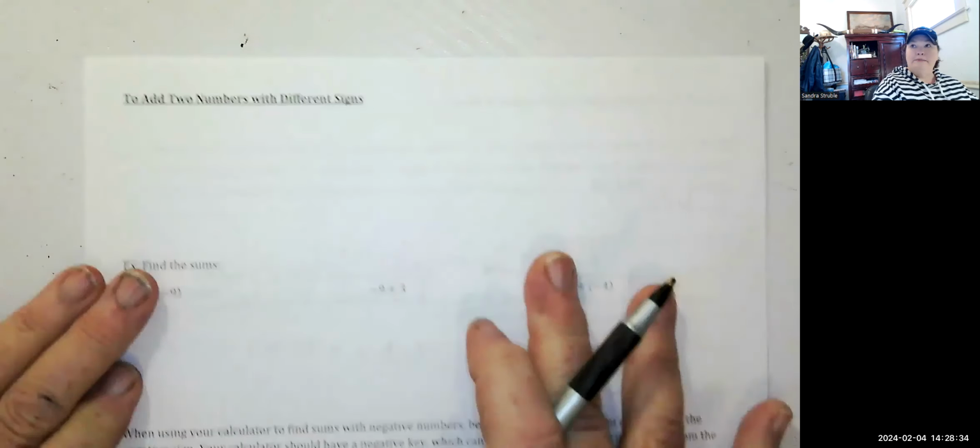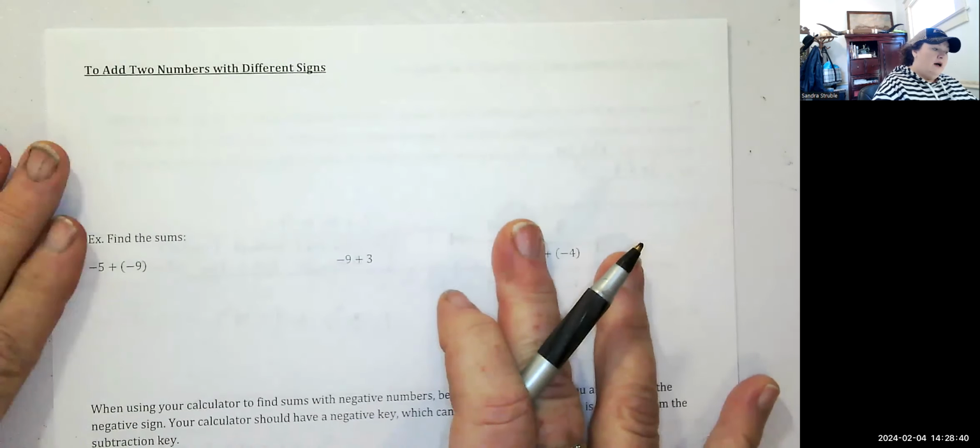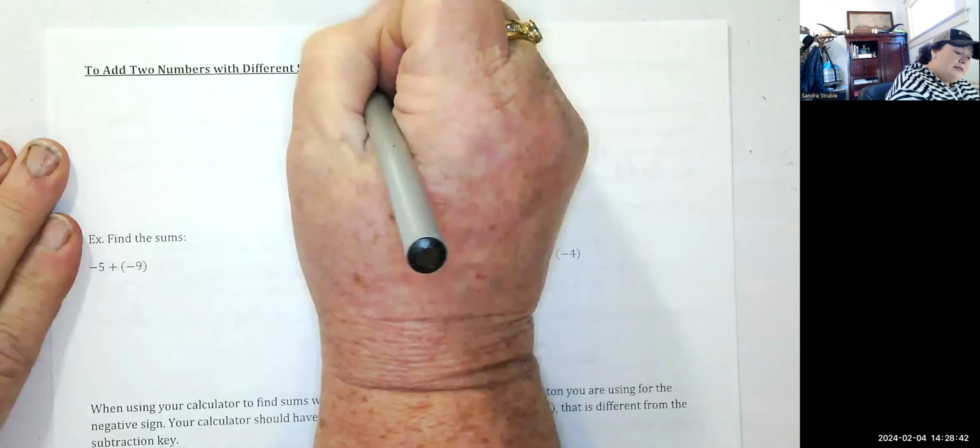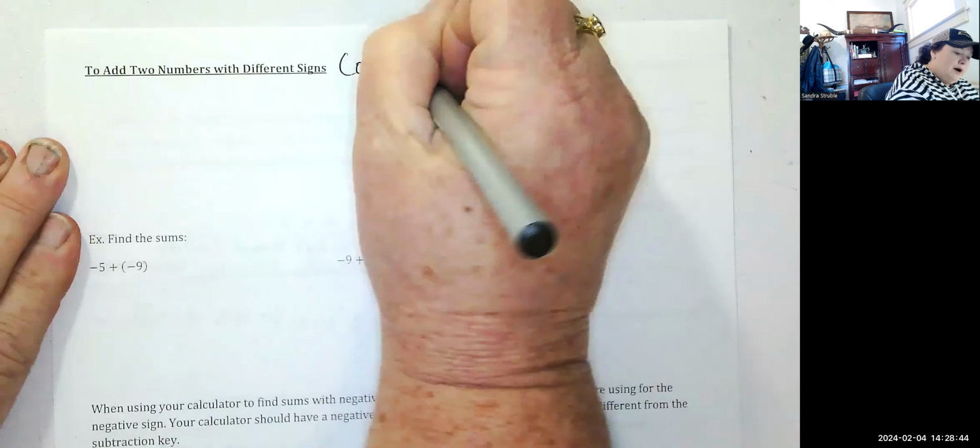That means that one of the signs is positive and one is negative. When you have that circumstance, first thing you're going to do is subtract the absolute values and ignore the signs.